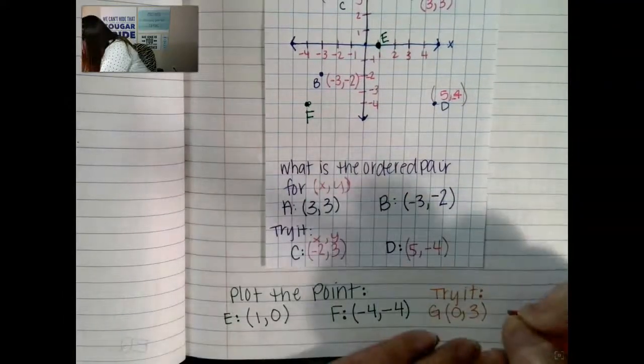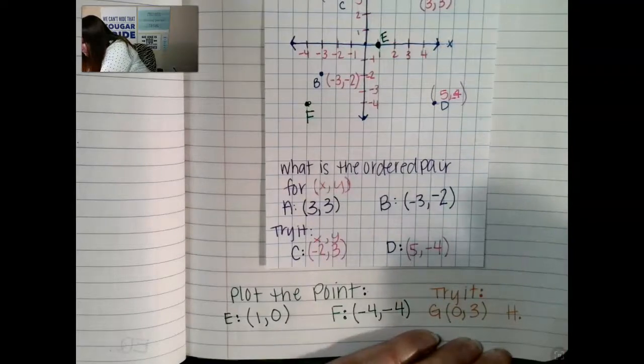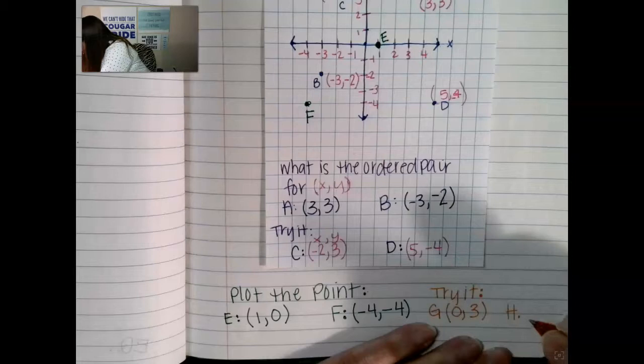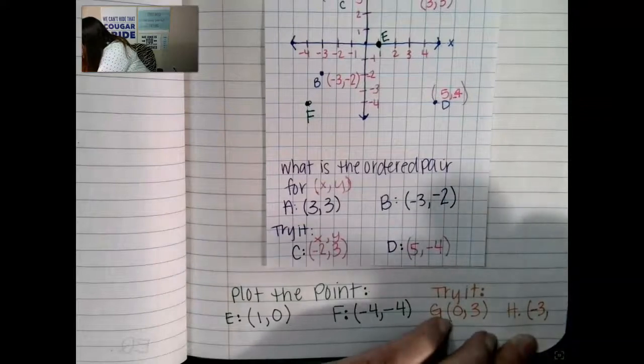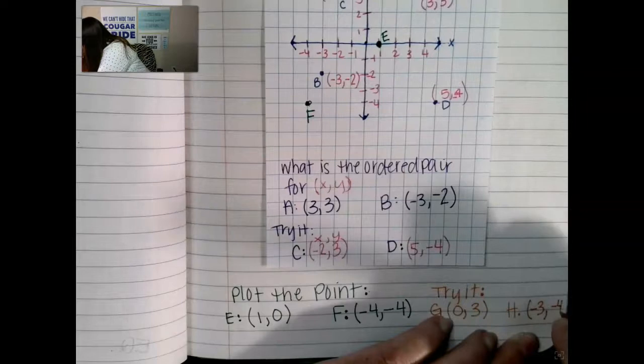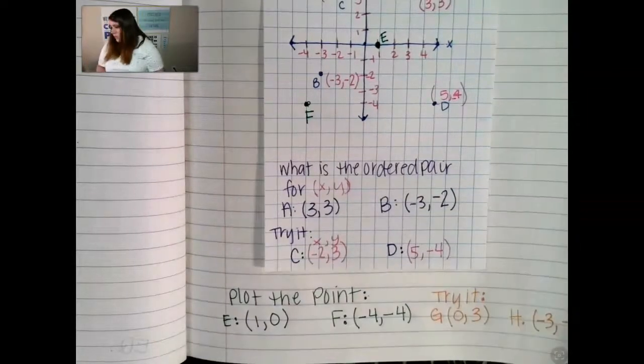And then H. Let's do H as negative 3, negative 4. Okay, so negative 3, negative 4.